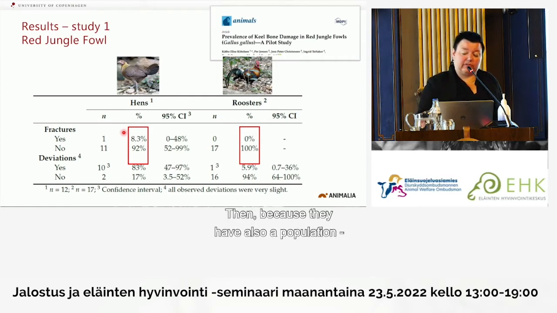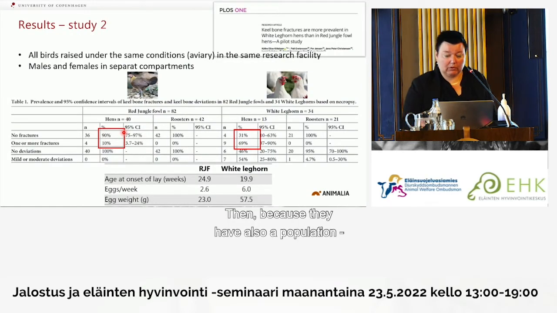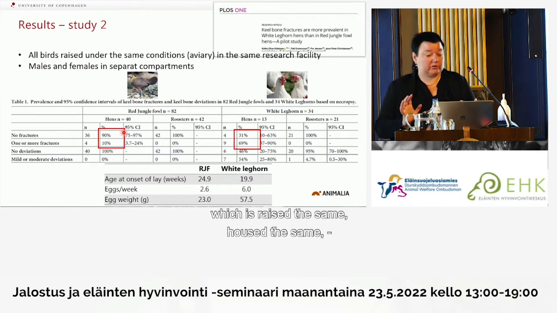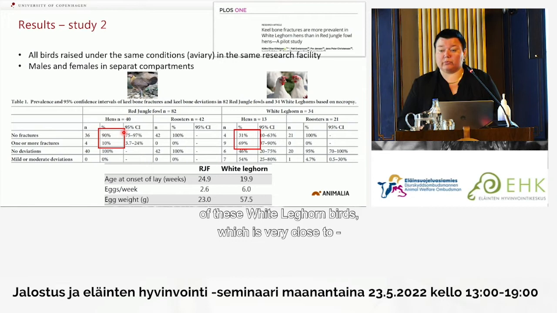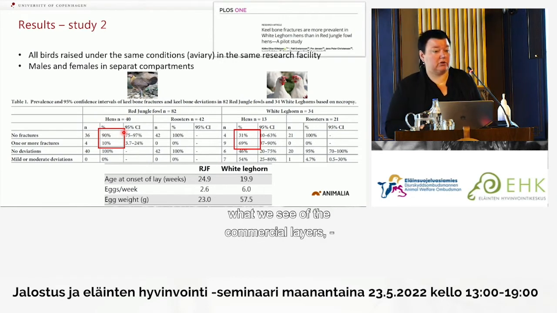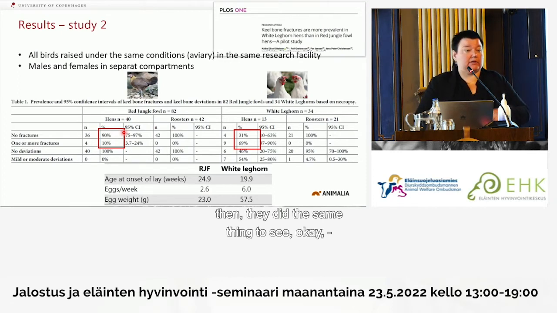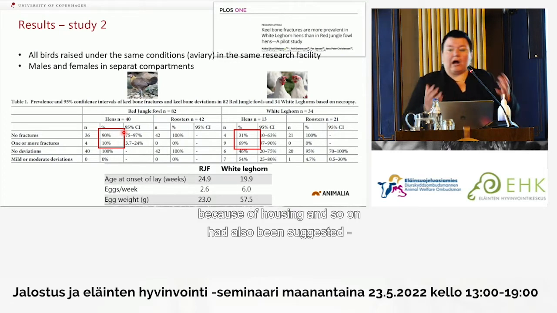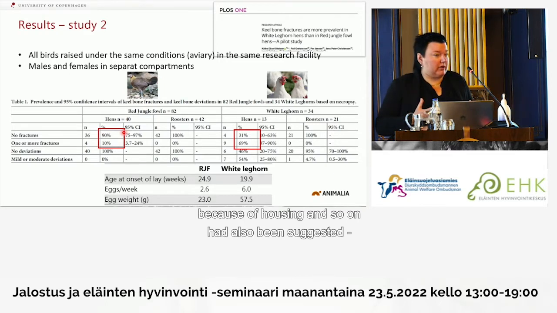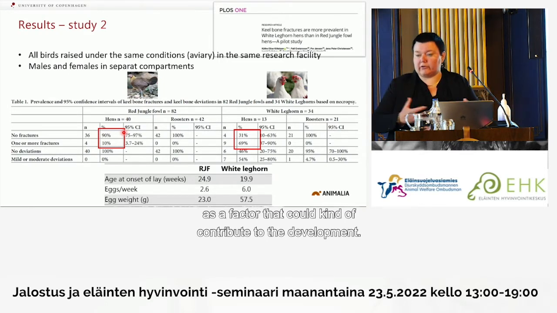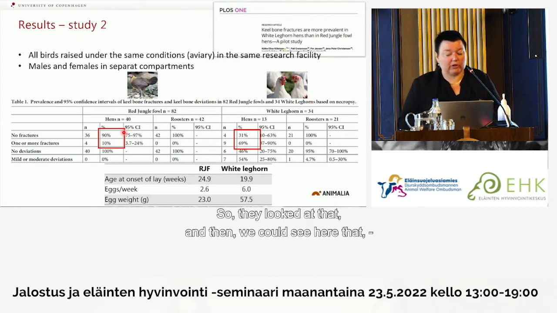Then they also have a population, raised and housed the same, of these white leghorn birds, which is very close to what we see of the commercial layers. Housing and so on had also been suggested as a factor that could contribute to the development, so they looked at that.